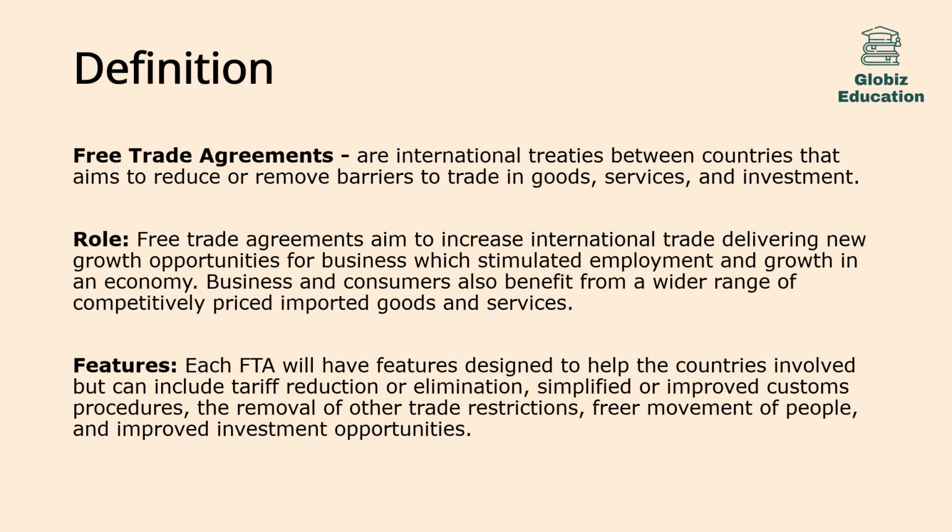Because the general argument in economics and in business and by governments is that when you reduce barriers to trade, it stimulates trade, which leads to greater employment and economic growth in the country, which basically increases people's standard of living. It allows businesses and consumers also to benefit from having a wider range of competitively priced imports, which for a business can reduce its costs of production. However, that comes with some disadvantages as well, which is really the next syllabus point.